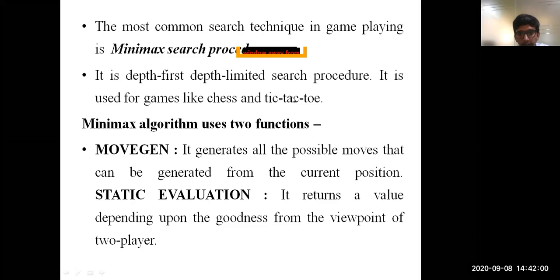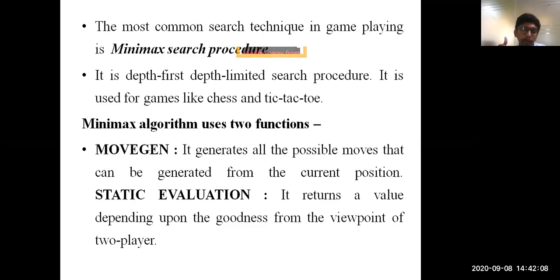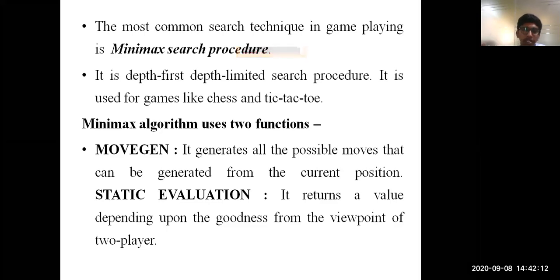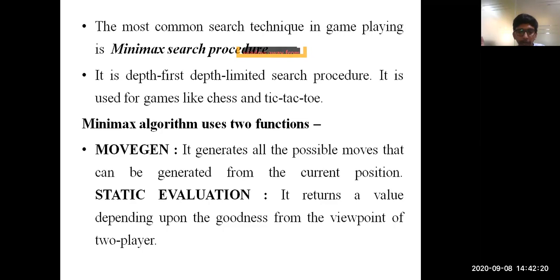As we have already seen, O and X will be available in that game. If there are three same elements in a row, column, or diagonally, it will be considered a win. Otherwise, it is considered a loss. These two points we have discussed previously: the move generator says all the possible steps, and the static evaluation or utility function says what the next stage is and whether it is feasible or not.